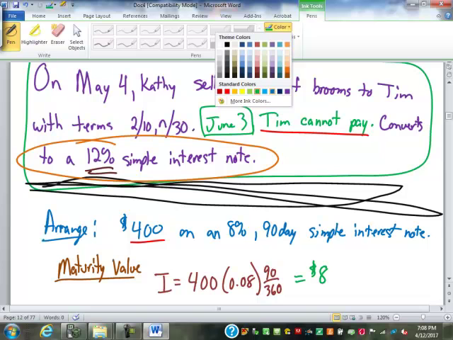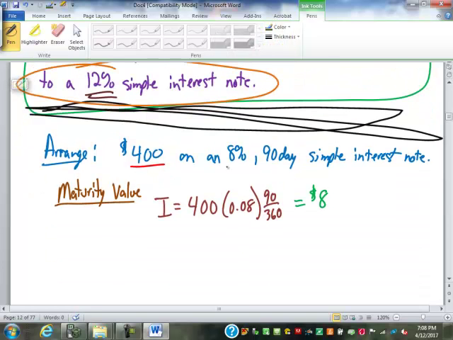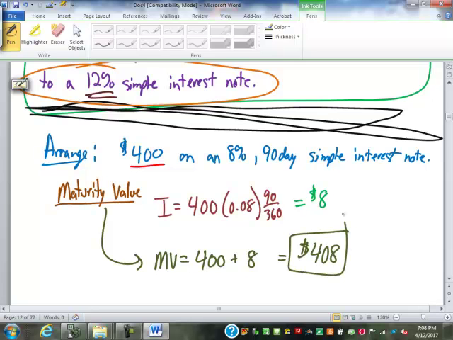So, big spenders here. The maturity value is the $400 plus the $8 in interest, $408. Which really is kind of generous because if they'd left it at the 12%, it would have been $12 after 90 days. So Tim saves $4 by making that arrangement. That's only a $400 bill.